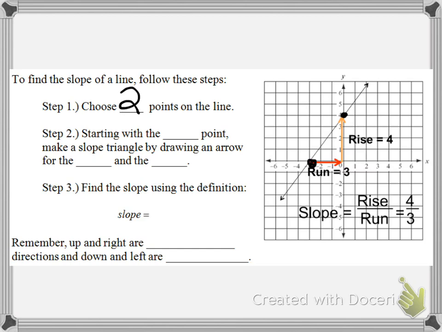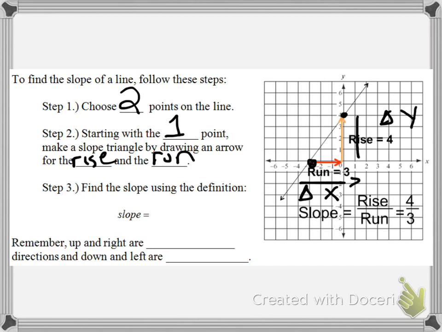And starting with one of the points, you're going to make a right triangle for the rise and the run. So the rise would be this vertical line, which represents the change of y, right? Makes sense. And the run would be the change in x, which is the horizontal line.